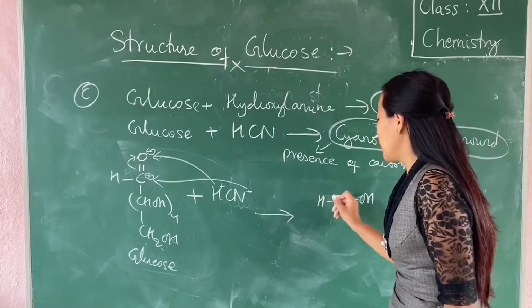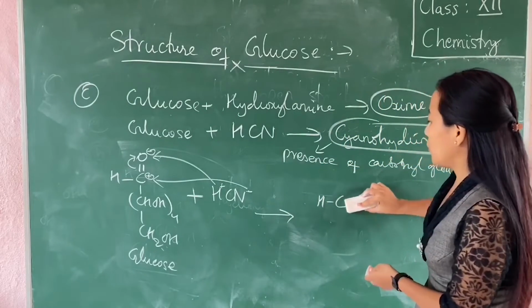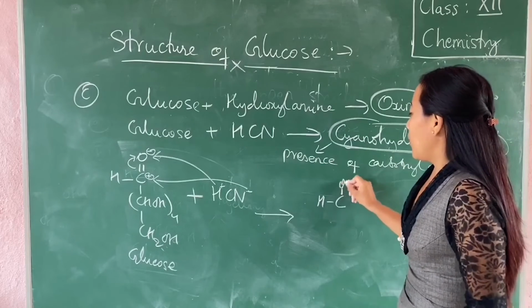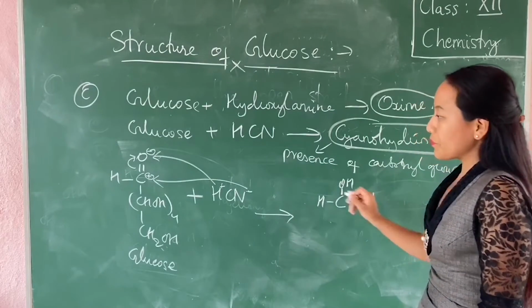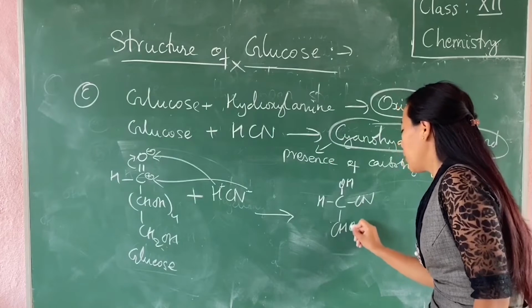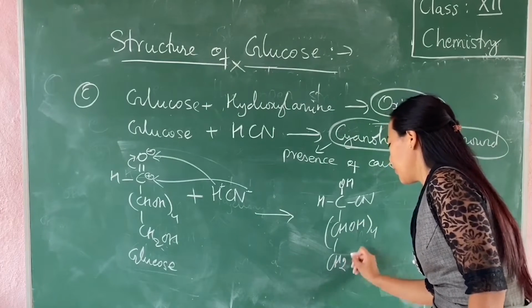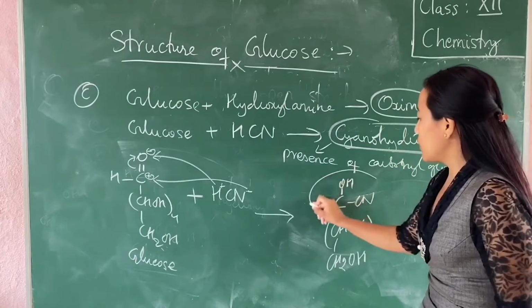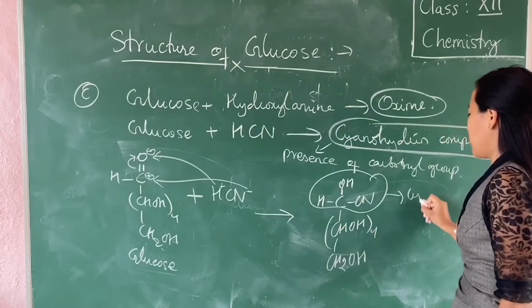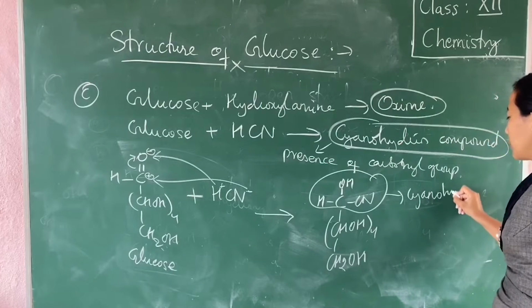So OH, CN, and the remaining CHOH four times, and then your CH2OH. Now this shows the formation of a cyanohydrin compound.